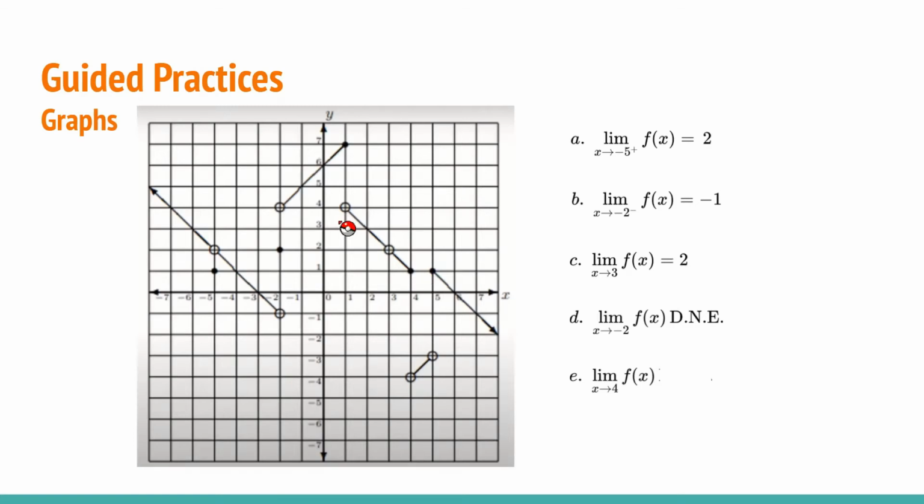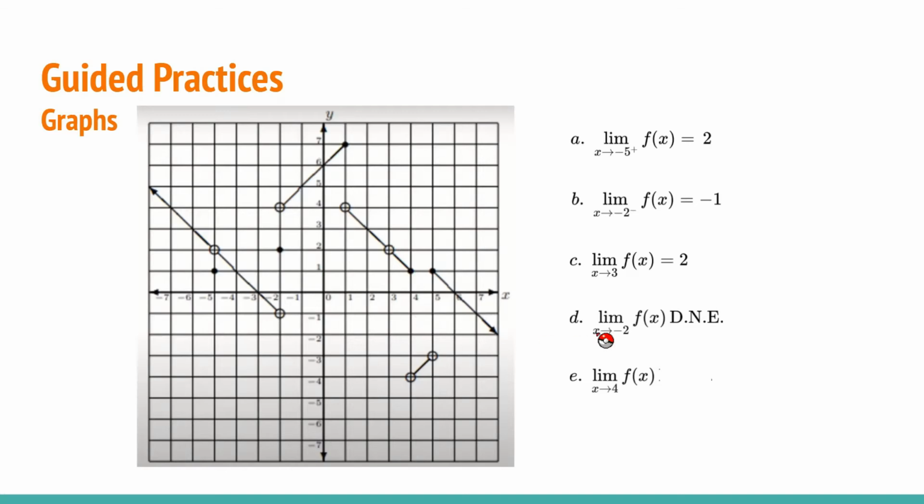So first, from the left, going to positive 4, we actually end up at positive 1. Now, from the right to positive 4, we will end up at negative 4.